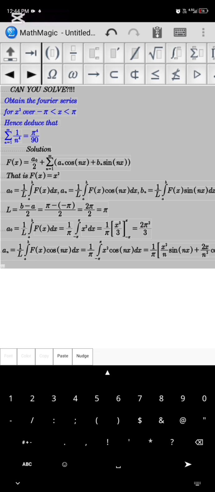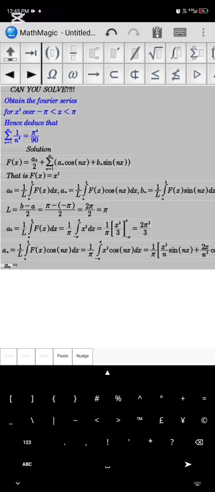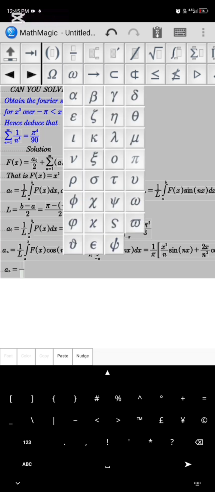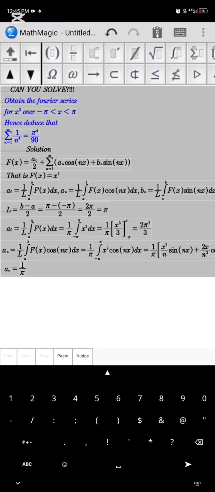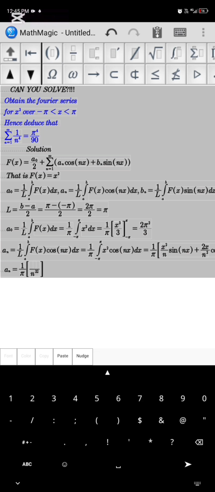So we are going to have a n equal to 1 over pi, multiplied by 4 pi over n squared, then multiplied by minus 1 raised to the power of n.